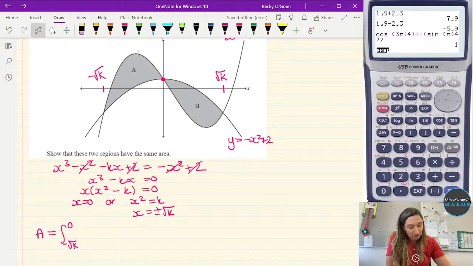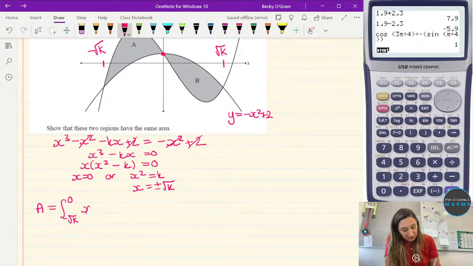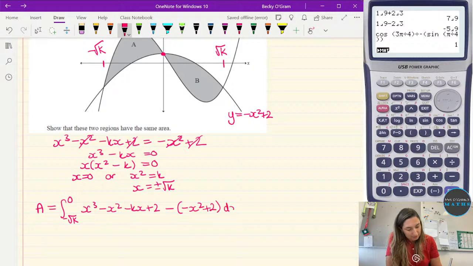and we're going to do the cubic minus the quadratic, because the cubic is on top. So this will be x cubed minus x squared minus kx plus 2, take away the quadratic. Now that minus of the bracket, if we multiply that out, that becomes a plus, and that becomes a minus.